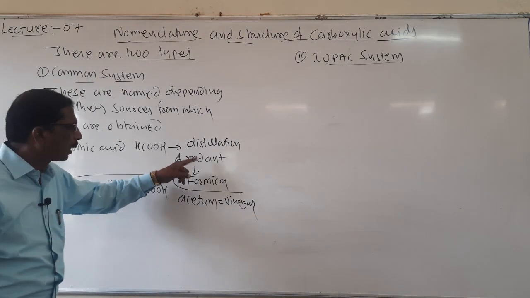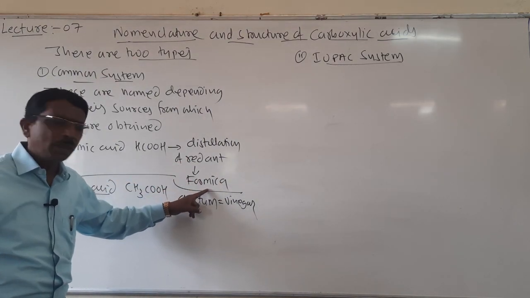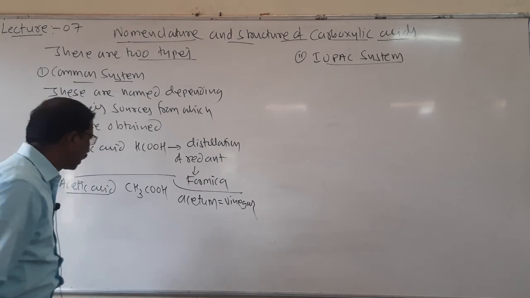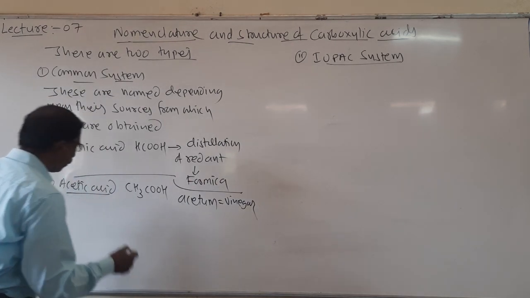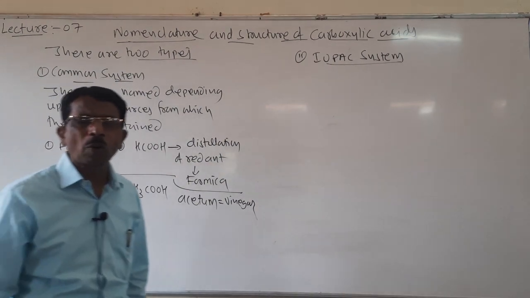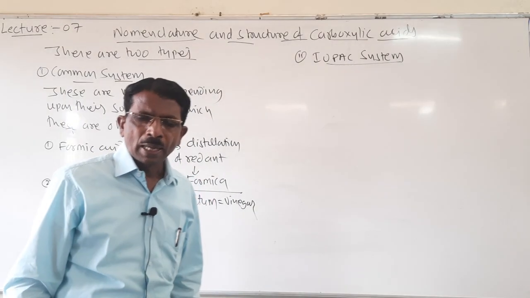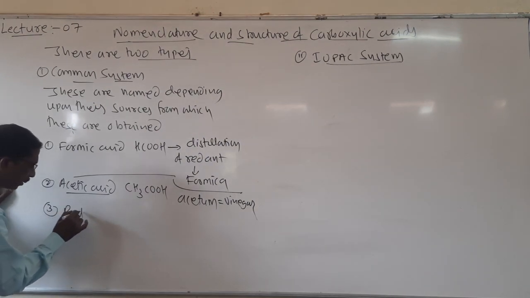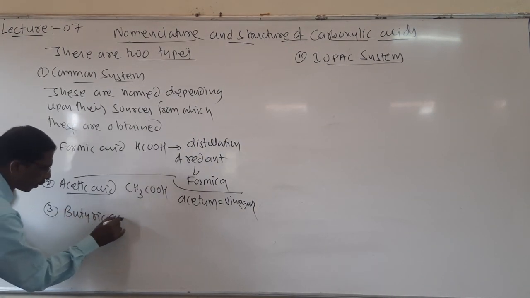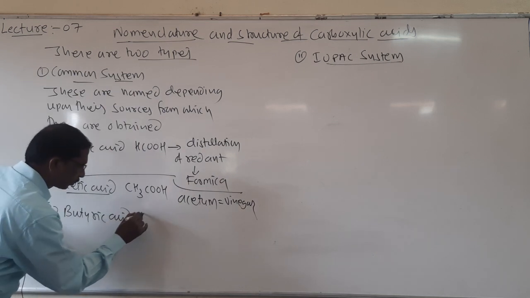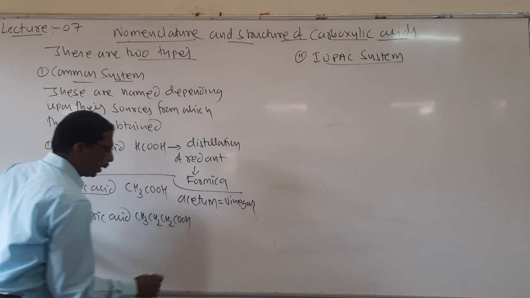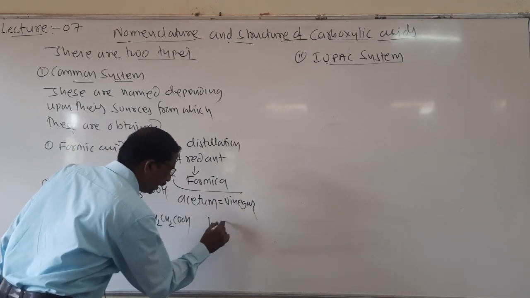So formica is a Latin word, and acetum is also a Latin word. Then here it is called acetum, and therefore it is called acetic acid. It is found in vinegar. And similarly students, here butyric acid, look here, it is found in butter.